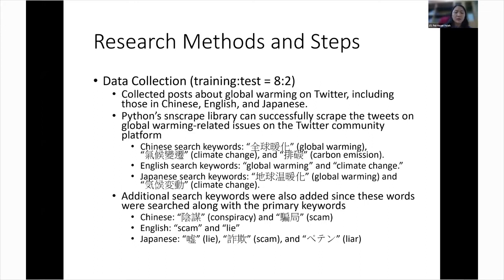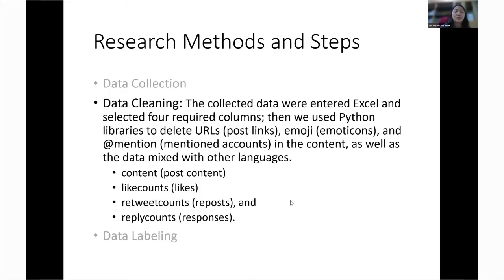So these are examples, the primary keywords. And then we also have other keywords, similar ones, that people use when they want to share their emotions and feelings in the post. After data collection, we have to remove some unnecessary information, or we can say unnecessary data.